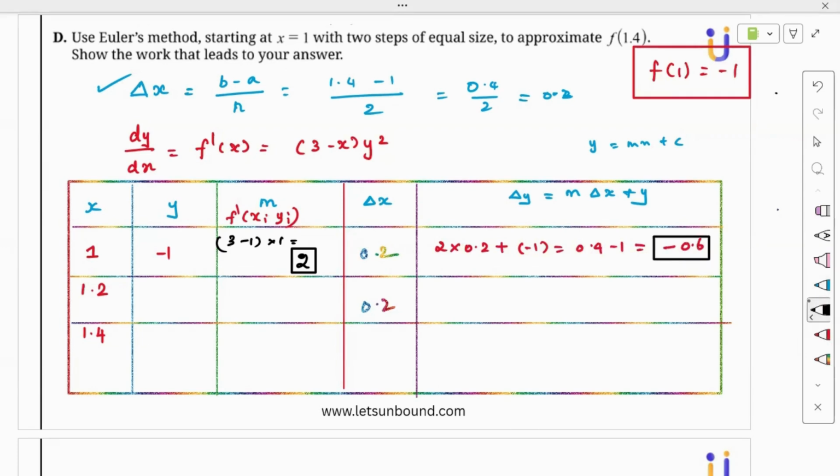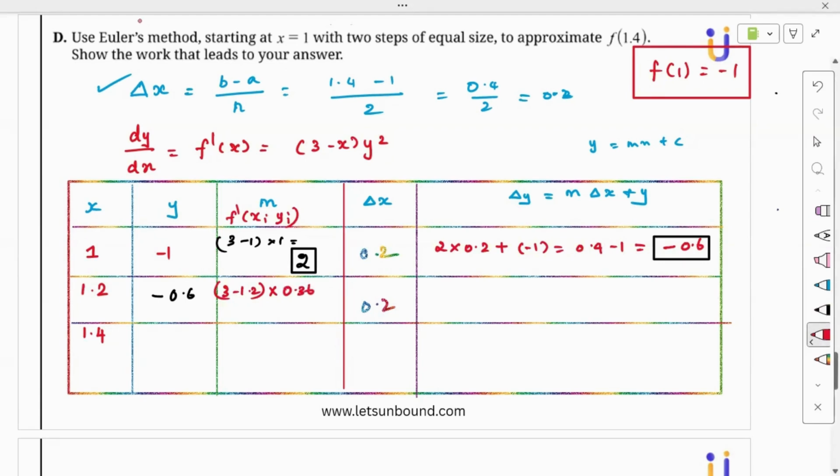Okay, now this negative 0.6 will act as the next y, and we will continue the same process. Okay, plug in for m, which is 3 minus 1.2 times 0.6 square. What is 0.6 square? Let me calculate it quick. 0.6 square will be 0.36.